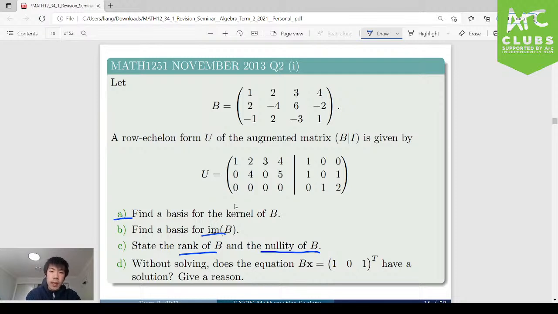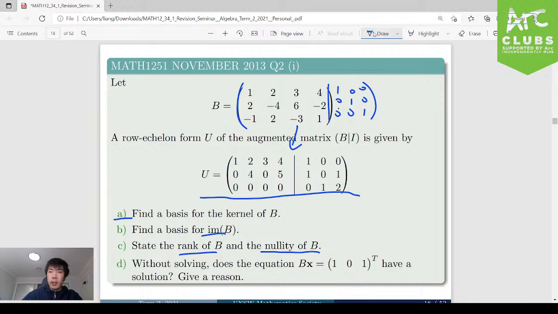Let B be that matrix, and let this here be the row reduced form of the augmented matrix B augment the identity matrix that's 3 by 3. Basically you set this matrix against that, then row reduce and you end up getting this. Okay. So find a basis for the kernel of B.